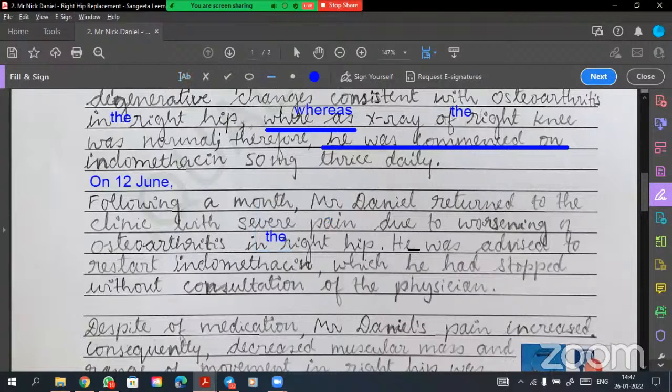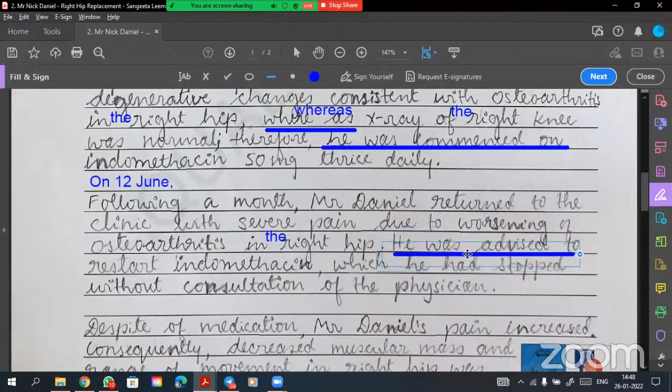Why do you want to say he was advised? Restarting indomethacin was advised. Recommencement of indomethacin was advised. Or indomethacin was recommenced. Finished. Which he had stopped without consultation with the physician, without consulting the physician.